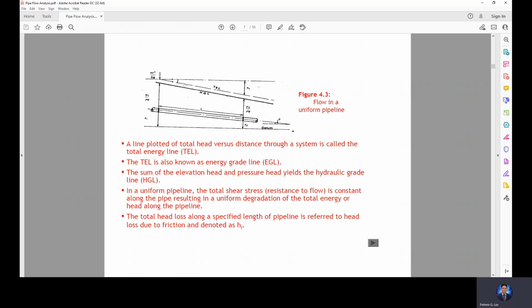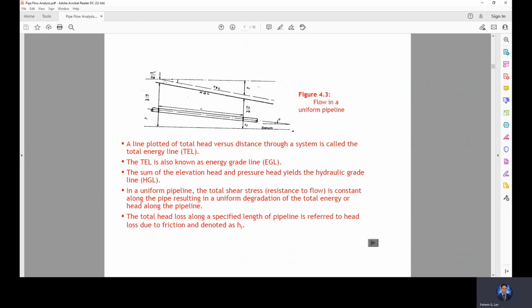Okay, this slanting one below: if we remove the energy due to velocity and just consider the potential energy, the pressure and elevation head, it is called the hydraulic grade line.